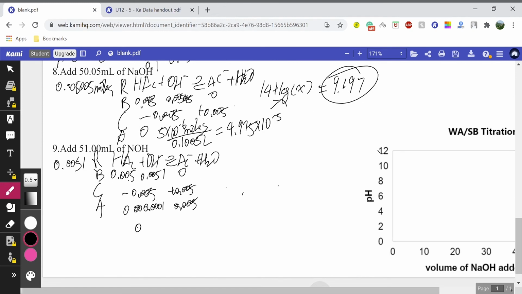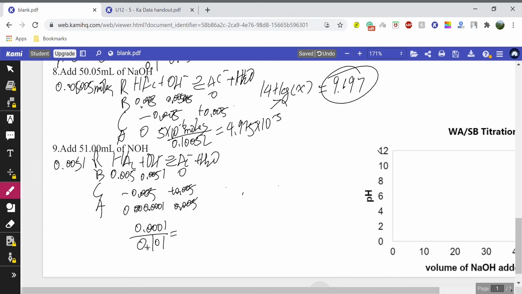Right now, 0.0001 divided by our new volume, which is 0.051 liters plus 0.050 liters, so which is 0.101. So 0.0001 divided by 0.101 is going to give you 9.901 times 10 to the negative fourth power.